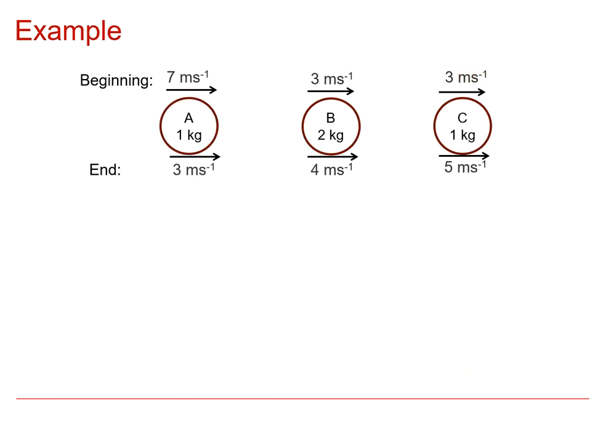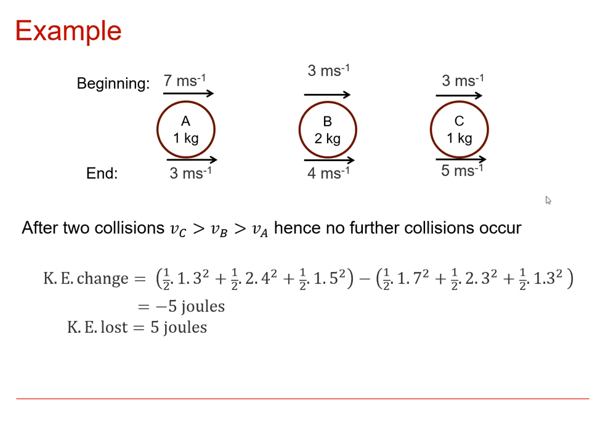So this is the situation after those two collisions have taken place, and if we look carefully at the three velocities now, they're all to the right, and each one's increasing as I go from one particle to the next. We've got 3, then 4, then 5. So that means of course that they're now all moving away from each other, and therefore there won't be any further collisions.